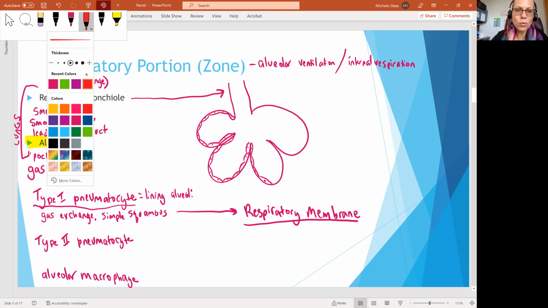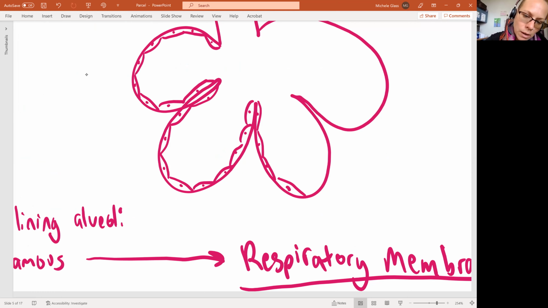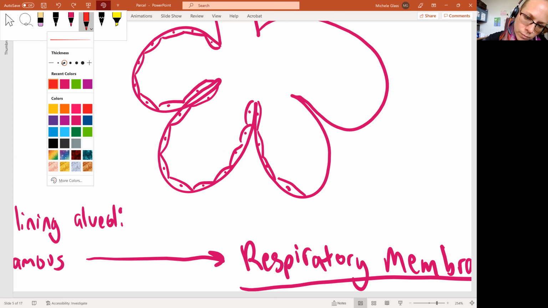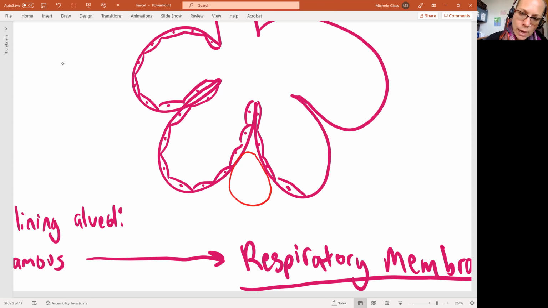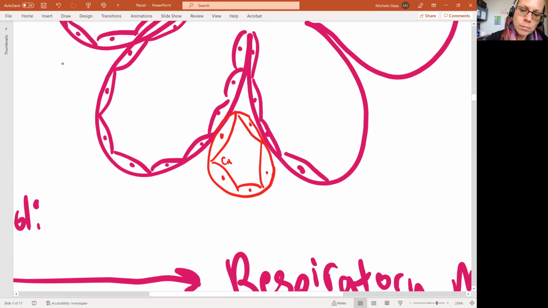And here around the alveoli, I'm going to draw my capillary. And remember, your capillary is also just lined with that simple squamous epithelial tissue. We called it endothelial tissue at that time. So let me label inside here that this is my capillary.